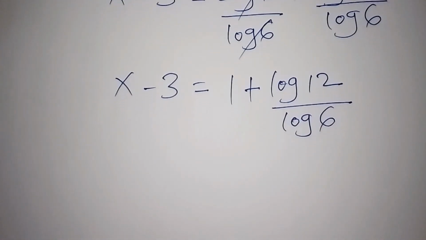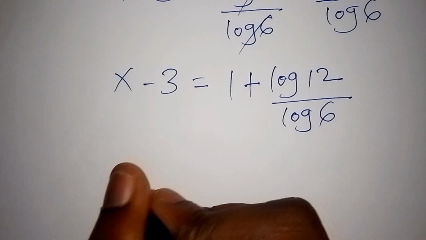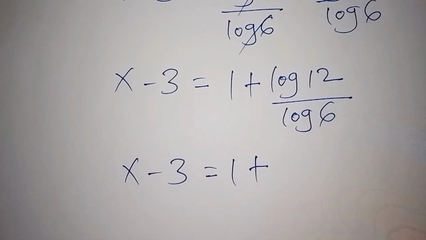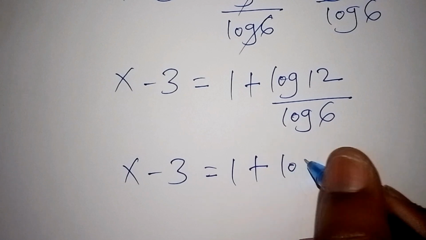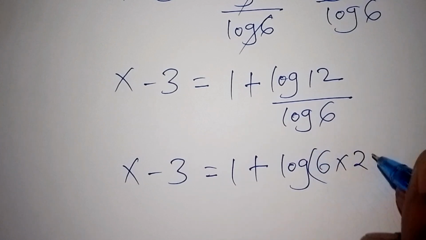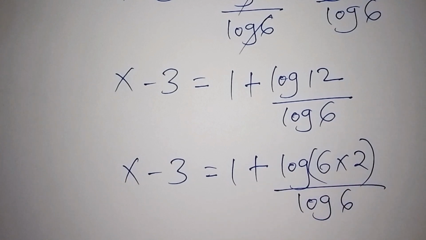So we don't stop there, since you can still factorize the log of 12. So x minus 3 is equal to 1 plus the log of 12, which can also be written as the log of 6 multiplied by 2, all over the log of 6.